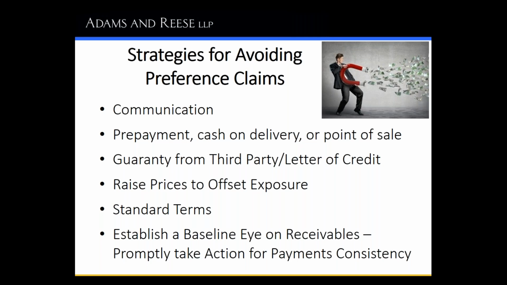And there are defenses. In many cases, if you have at least some colorable defenses, you can probably negotiate, even if those defenses aren't ultimately absolute winners. If they're enough to make a colorable argument, you may at least be able to settle down on your preference claims and not have to pay back 100% of the preference payments that are alleged.